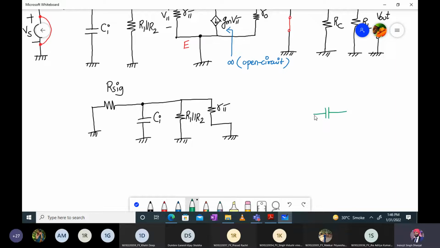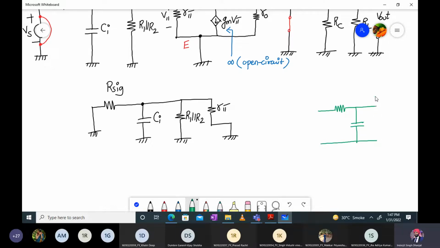I have my signal applied over here. Let me redraw it again. Correct, and this was the circuit.